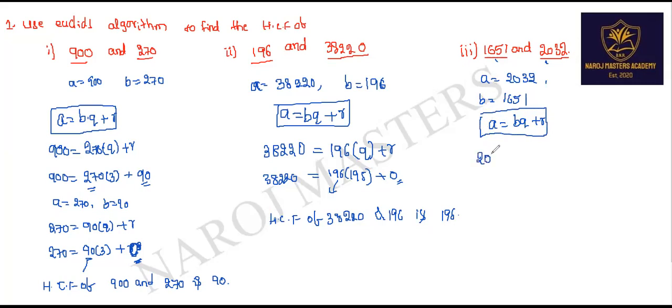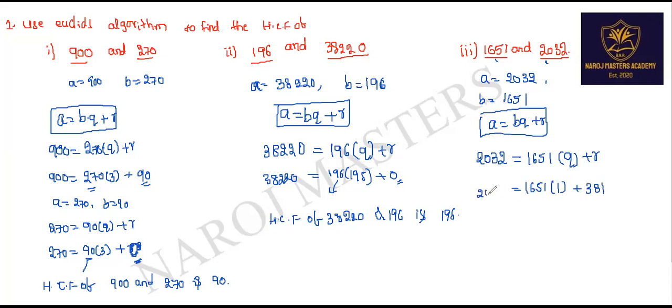That is 2032 equal to 1651 into Q plus R. How many times of 1651 is equal to 2032? If you take twice of this value, then it will be greater than the value of A. Take only once. So 1651 into 1, plus the remainder is 381. Okay, so 381 is the remainder.